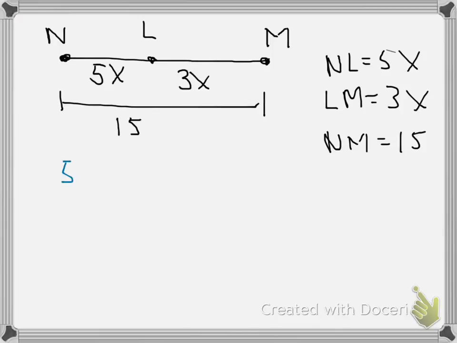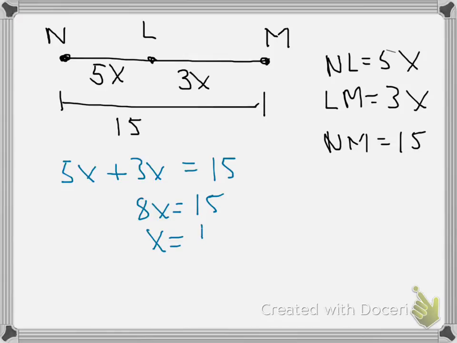So our equation will be 5x plus 3x equals 15. That's 8x equals 15. X is 15 eighths. Okay, well, 15 eighths, not the greatest number in the world, but we'll live with it.